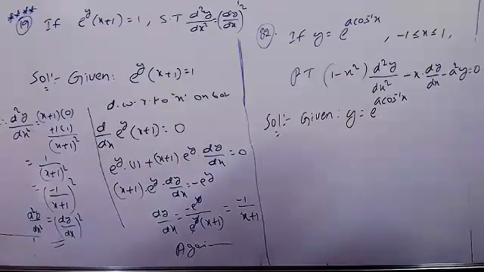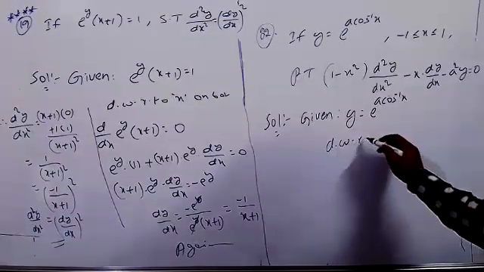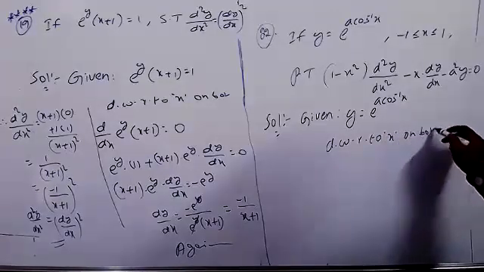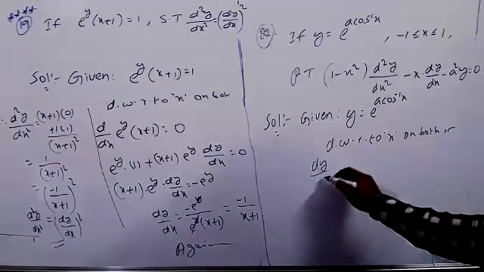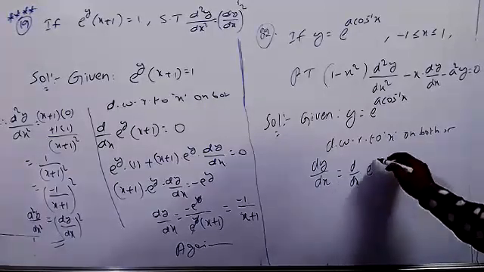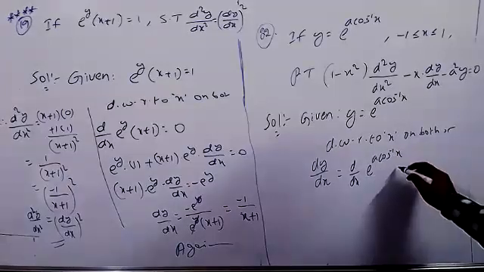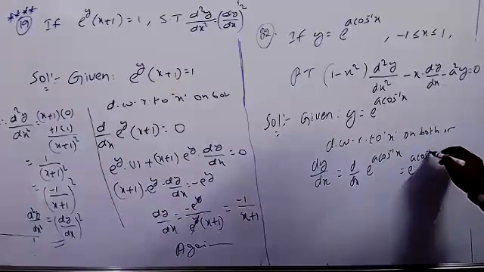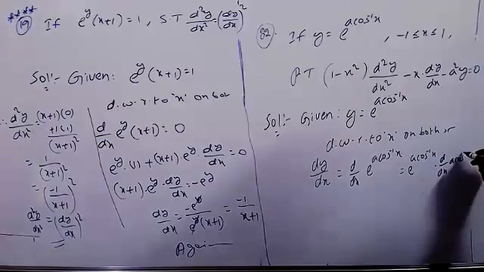Y equal to e power a cos inverse x. Differentiate with respect to x on both sides. So dy by dx equal to d by dx of e power a cos inverse of x. So e power x, you will get compulsorily e power x only, means e power a cos inverse of x into again differentiation of a cos inverse of x.